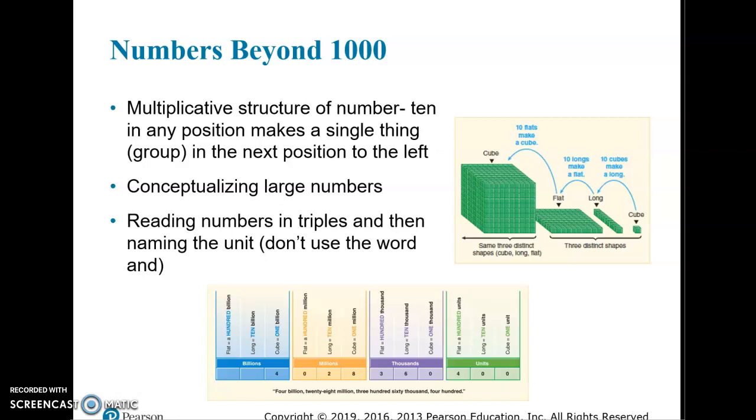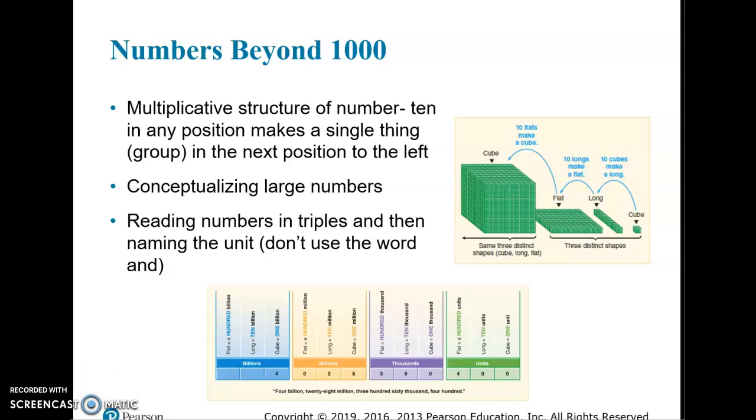This continues with thousands, millions, and billions. A cube is 1,000, a long is 10,000, a flat is 100,000. 1 cube is 1 million, 1 long is 10 million, and 1 flat is 100 million.